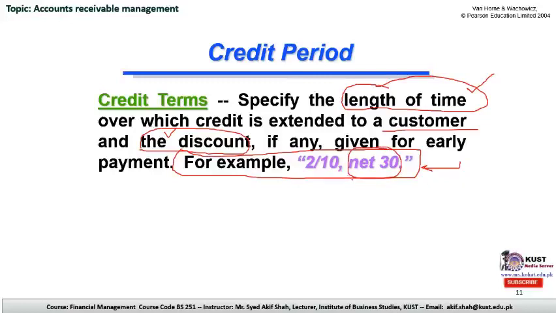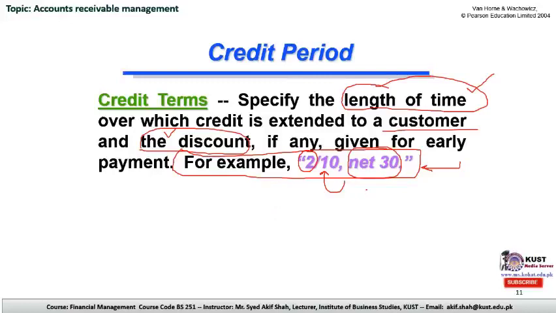However, if certain customers would like to have a discount of 2% on overall payments to that particular company, they are required to pay out their obligation within 10 days. That is, rather than wait for the 30 days to be completed, they are required to pay out their obligations within 10 days. In that case, the company will offer them 2% discount.